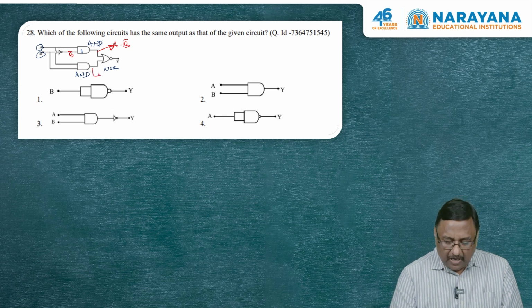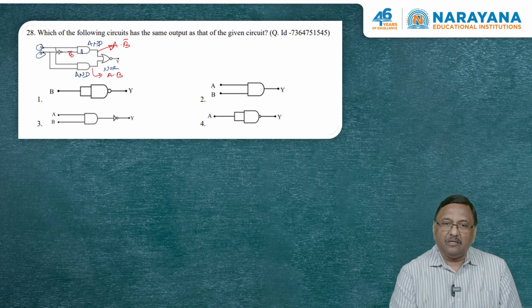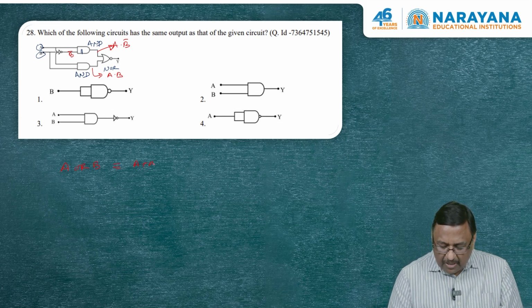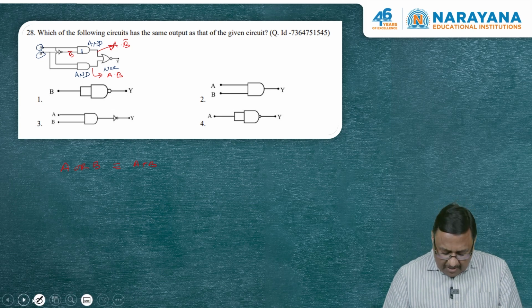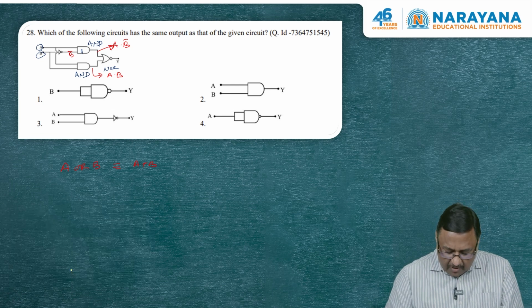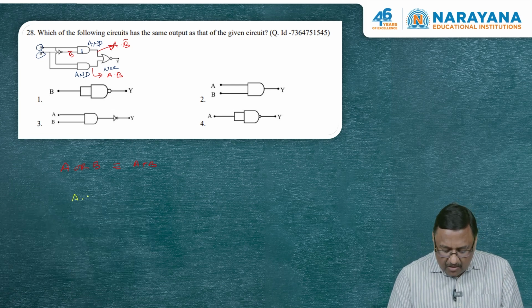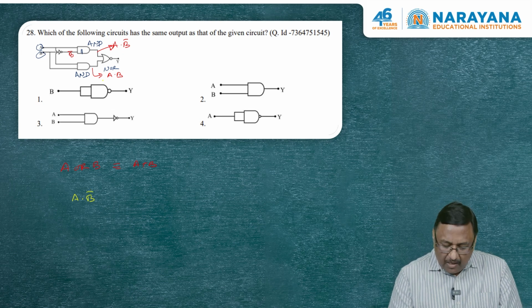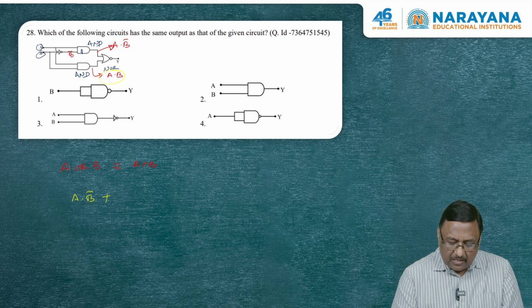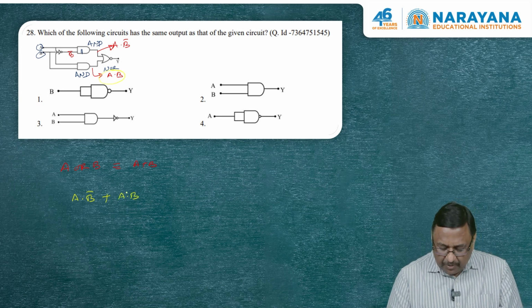That means the output I can write is A dot B. And for the OR gate, if I write A or B, that is nothing but A plus B. So the first input is A dot B bar, plus the second output, which is A dot B. Those are added together, so it is going to become OR.